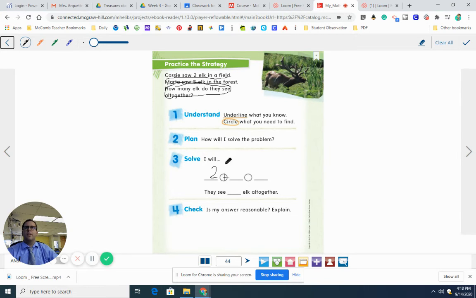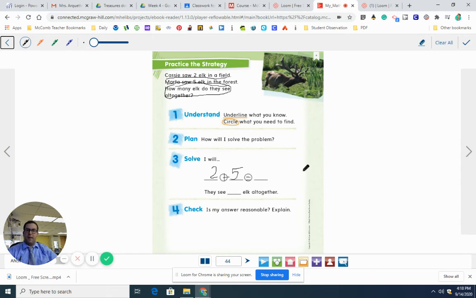Okay. The next part is another number that we have to know. Marta saw how many elk? Here I use the 2. Next is the 5. We'll put the 5 there. Now we already used our plus. What symbol goes into the circle? If you said equals, you got it. We're going to put our equal sign there.